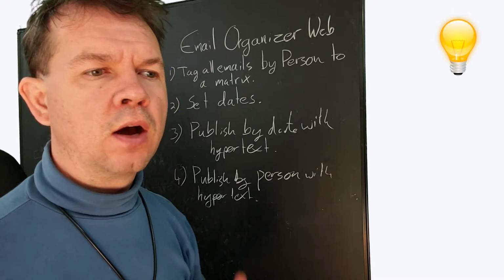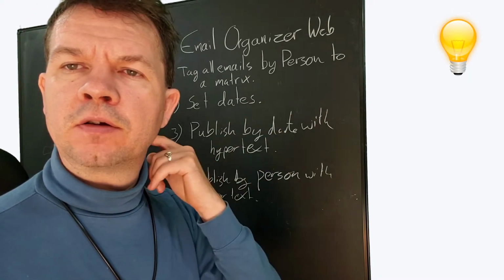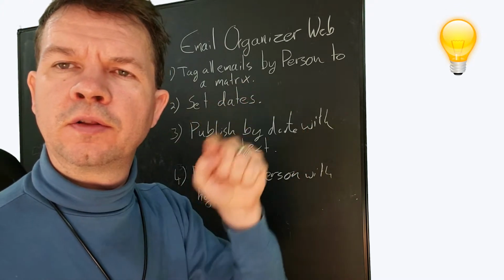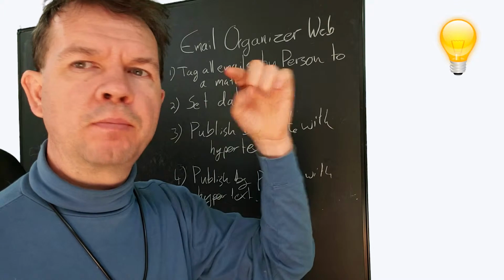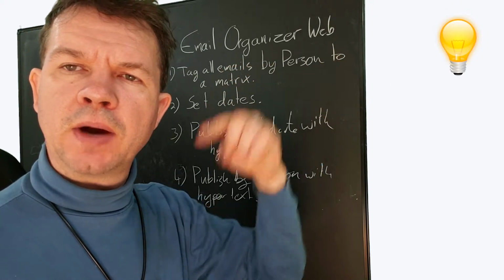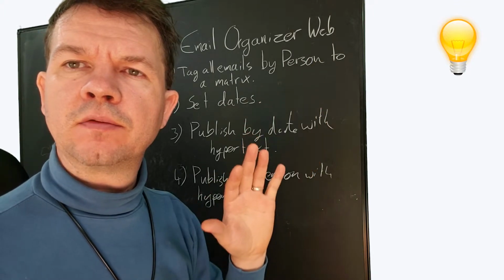Now, when you organize it by date, for example, you can also show the order. So it can be by person, then by subject, then by date. But let's take the date version.